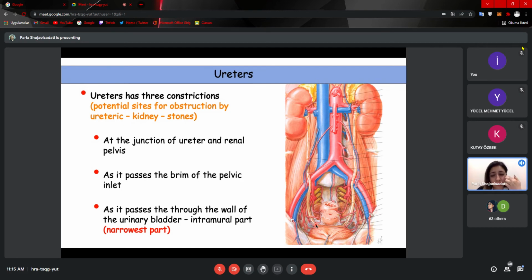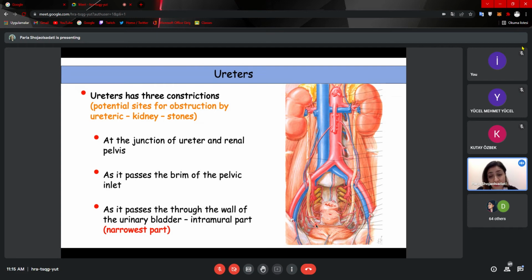And why are these important for us? When kidney stones transfer through this tube, they can close this tube at these three points, because these are the narrow parts. But the narrowest one is the third one, the part that passes through the bladder wall. It's so important.